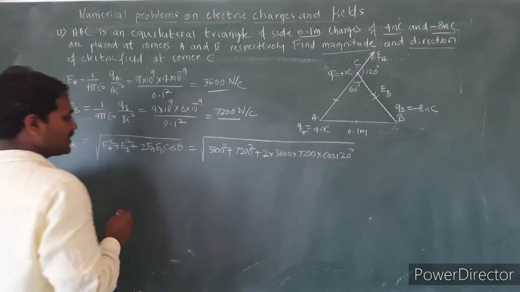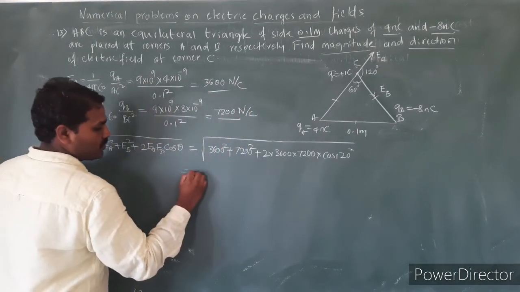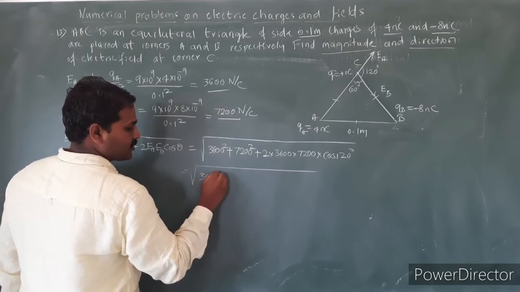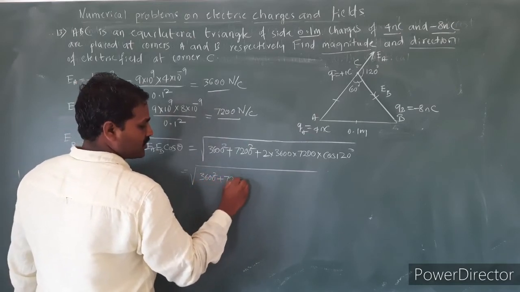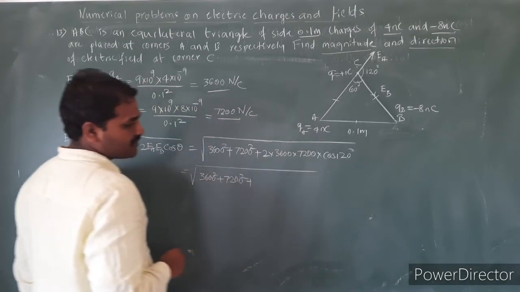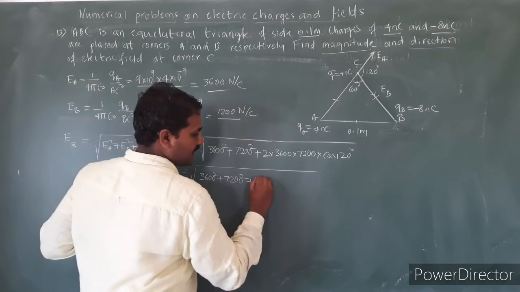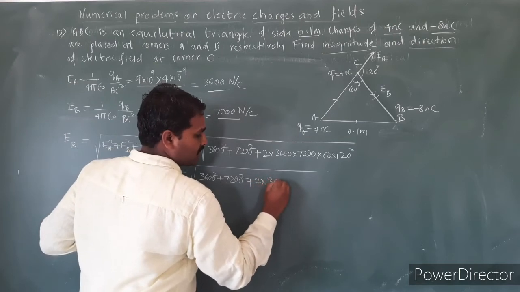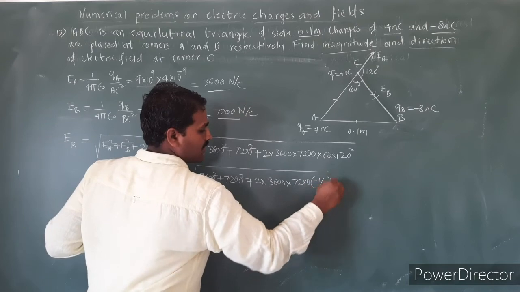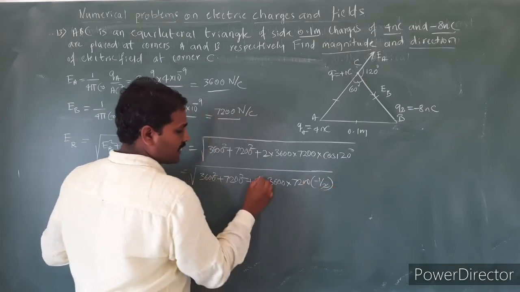Okay, simplify this, what you will get, so that is equal to square root of 3600 square plus 7200 square. So cos 120 degree is equal to minus 1 by 2. Okay, so this I get as 2 into 3600 into 7200 into minus 1 by 2. So these two get cancelled here.